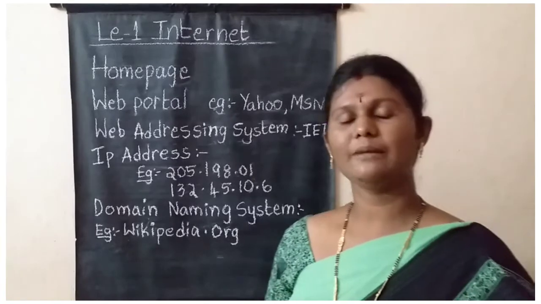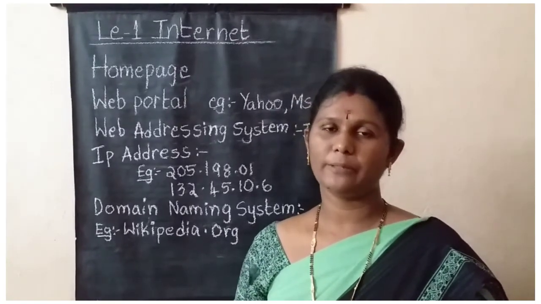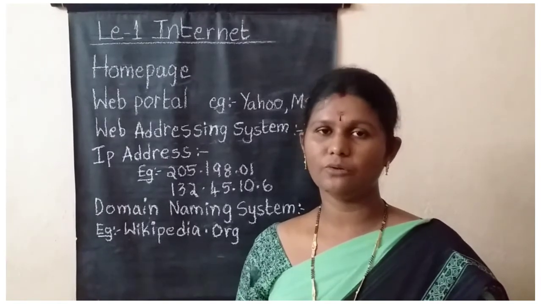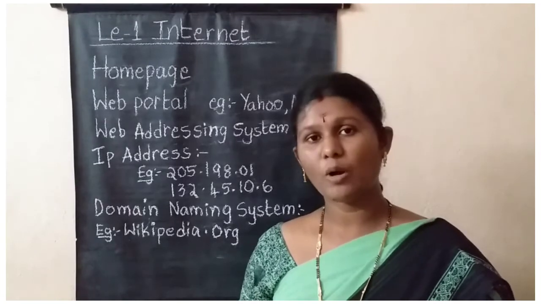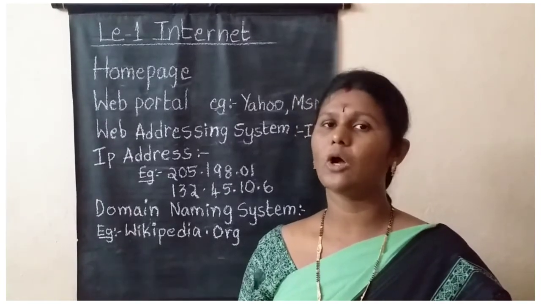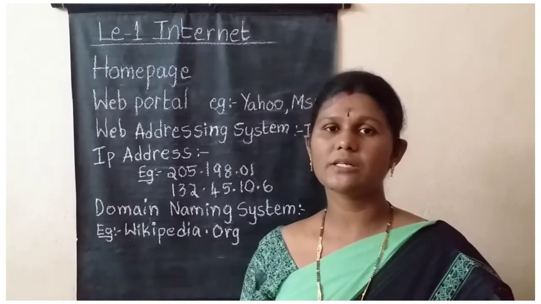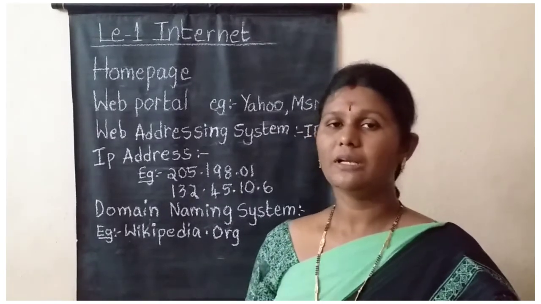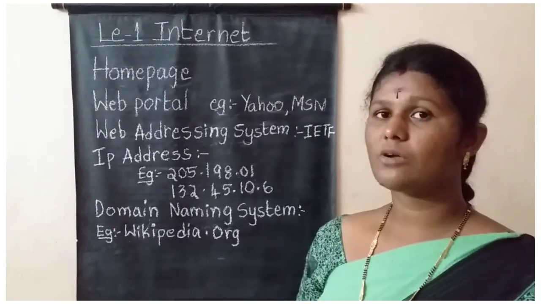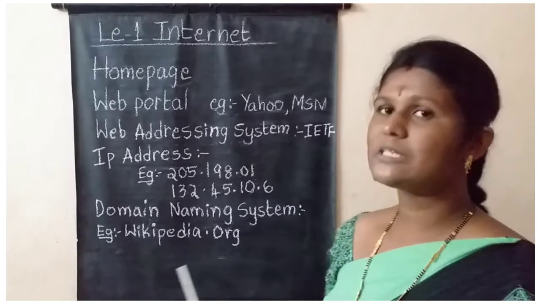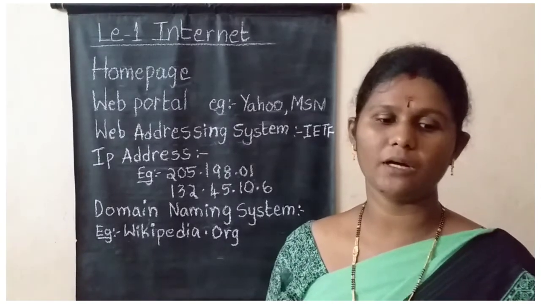As I said before, .com is meant for commercial purposes. .edu is meant for educational purposes. For mobile devices, children, .mobi. Like that, many extensions are listed in your textbook on page number 9.